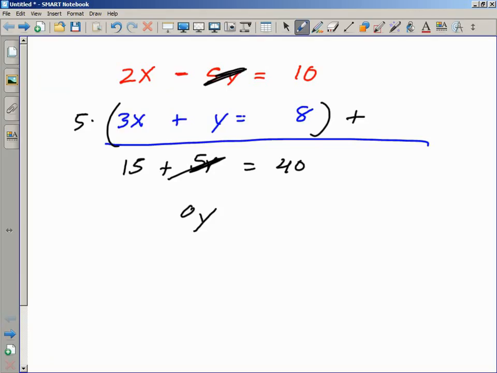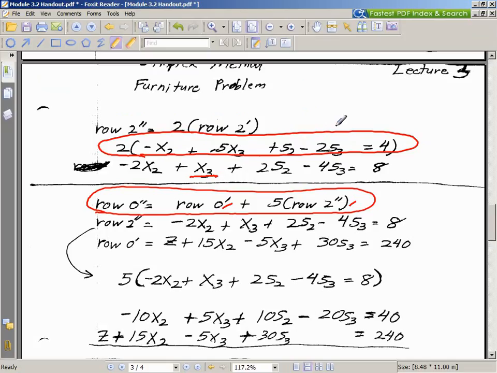Right? Everyone remember this. Well, that's all I'm doing here. That's literally all I'm doing. To calculate row 0, I'm saying let's let row 0 prime, my new row 0, equal to my row 0 prime plus 5 times my row 2 prime, my new row that I calculated.